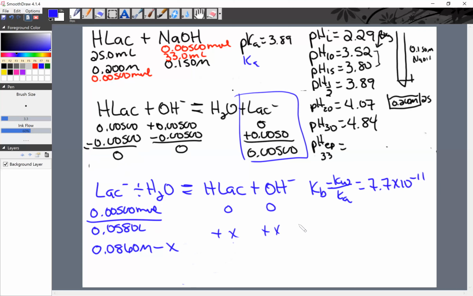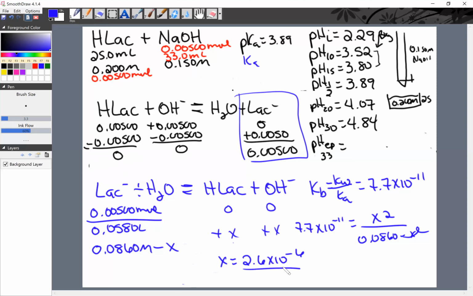Okay. So 7.7 times 10 to the minus 11th is equal to x squared over 0.086 minus x. I'm going to ignore the x. All right, so 7.7 times 10 to the minus 11th times 0.086 and take the square root. 2.58 times 10 to the negative 6.